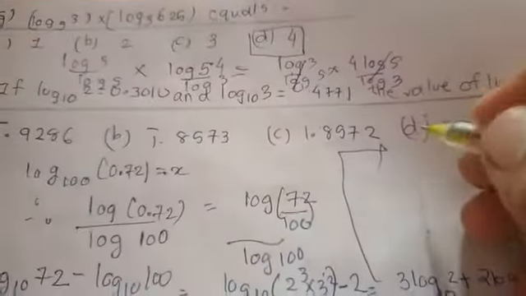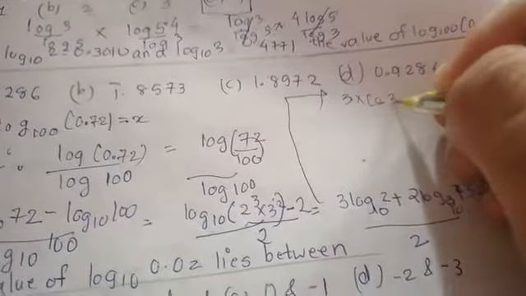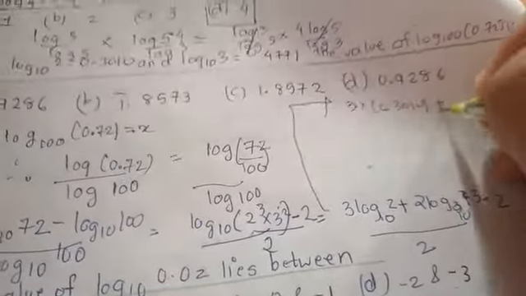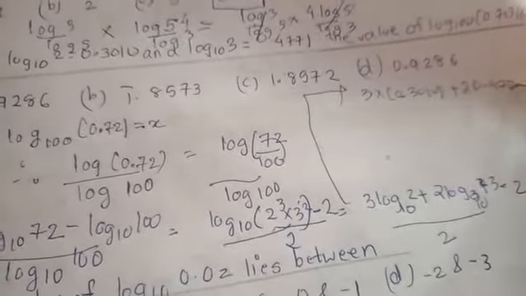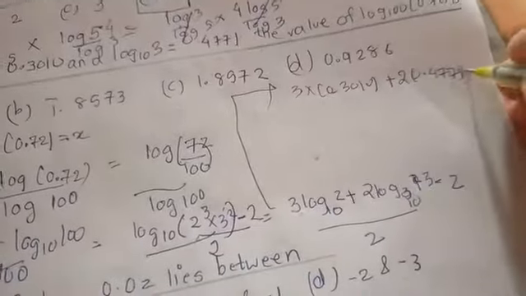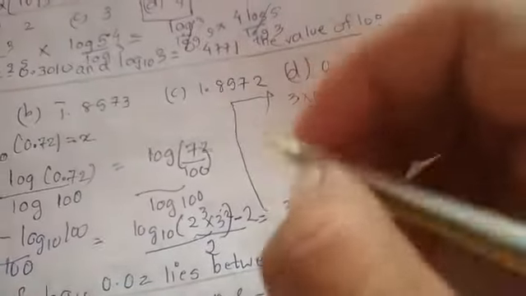Plugging in all the values, we can write this as 3 into 0.3010 plus 2 into 0.4771, minus 2, upon 2.